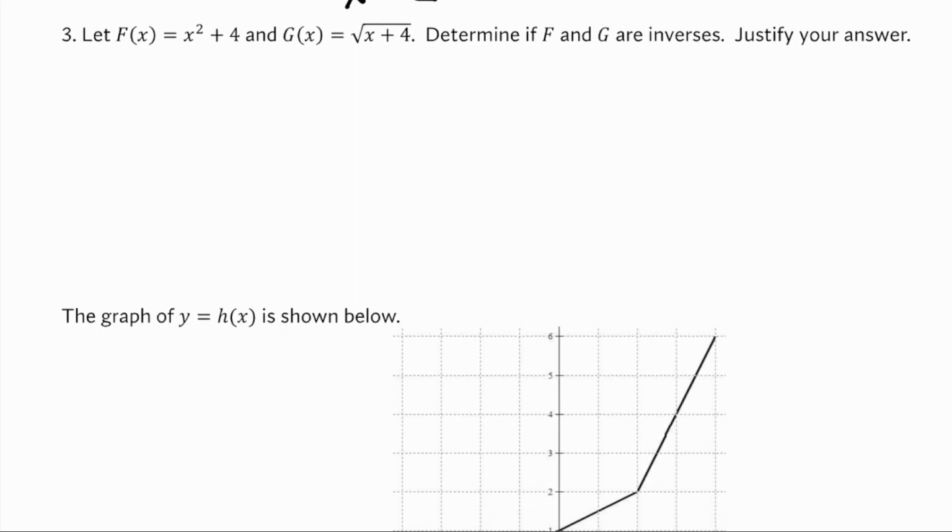All right, with this one, if we're going to determine if two functions are inverses, we have to do composition of functions. We need to do f of g of x and g of f of x, and they need to both come back just x. So think about f of g of x, and that's going to be g of x squared plus 4.